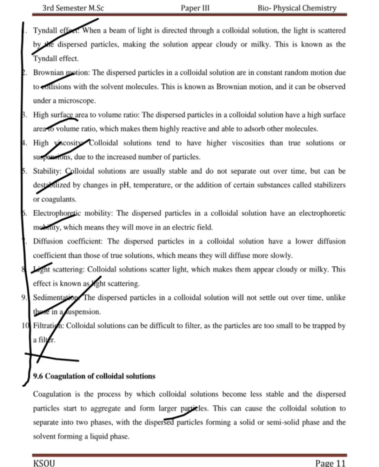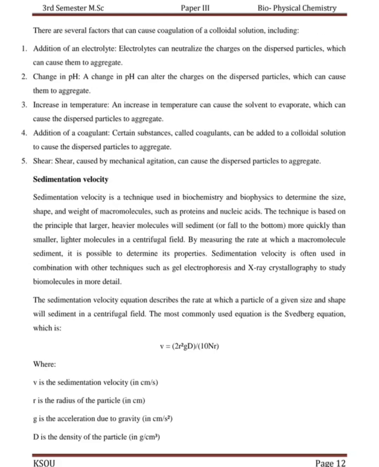There are different factors which affect coagulation. For example, coagulation of blood can be seen. Here, some of the factors affecting coagulation are given.